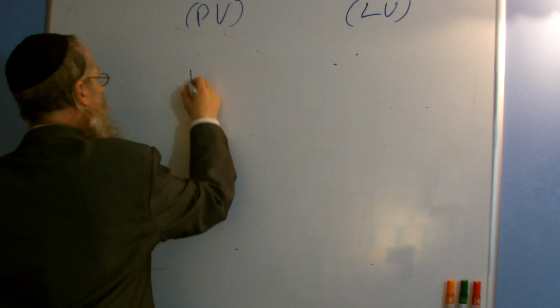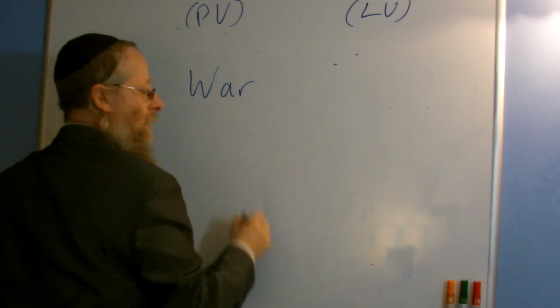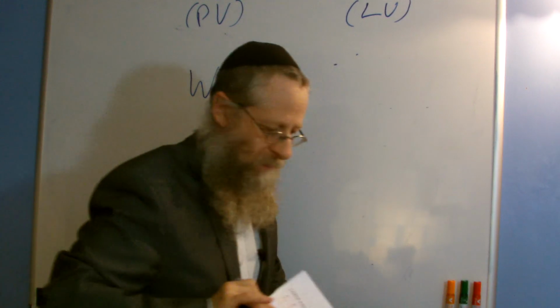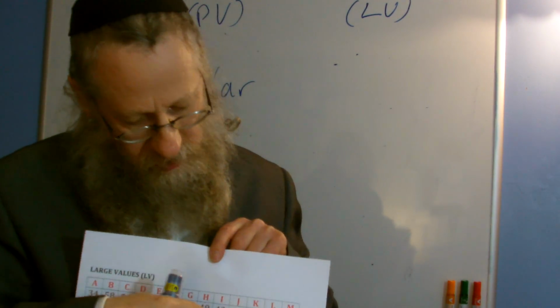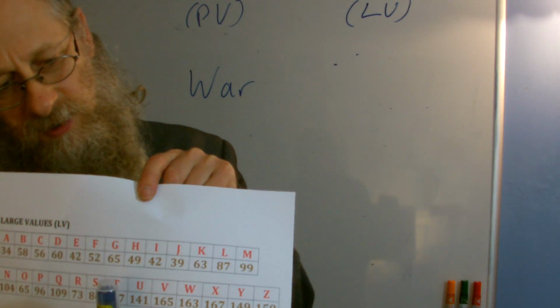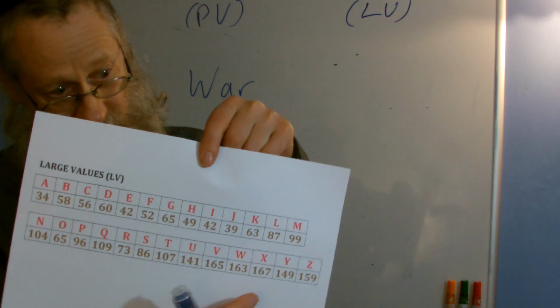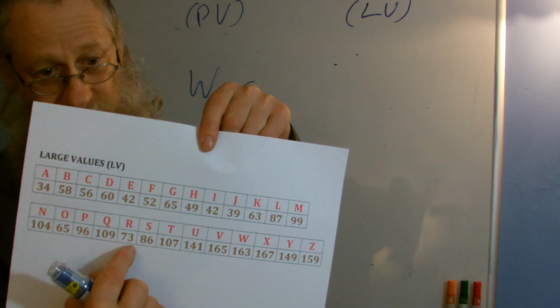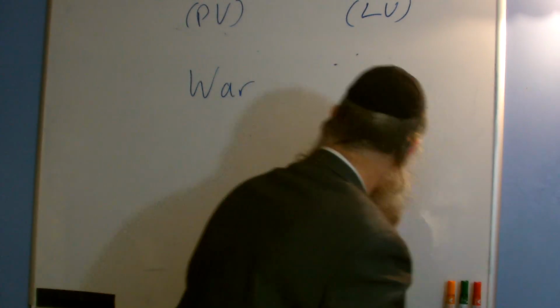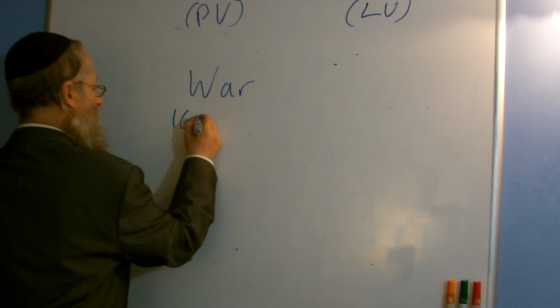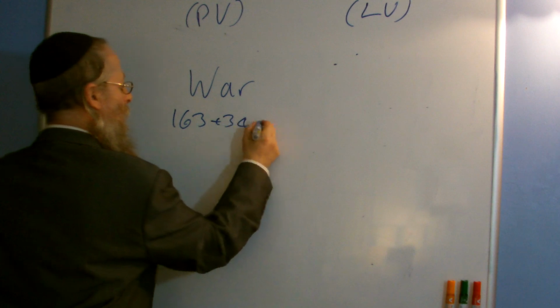So war, to show you what the values are, W, which is 23, is 163, A is 1, is 34, and R is 73. So we work that out, 163 plus 34 plus 73.